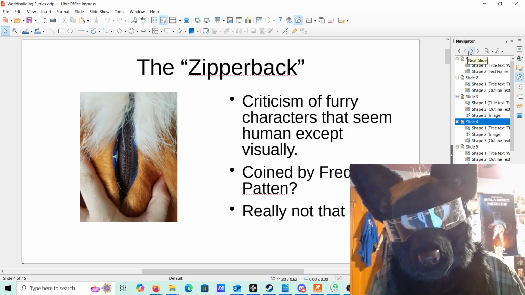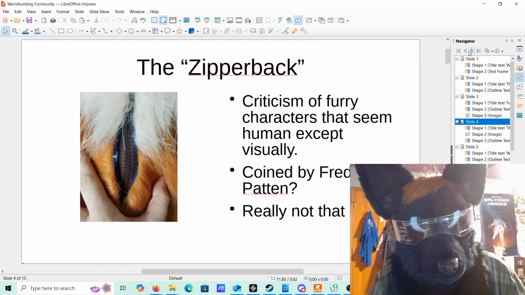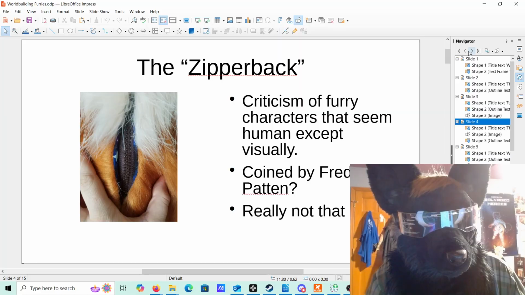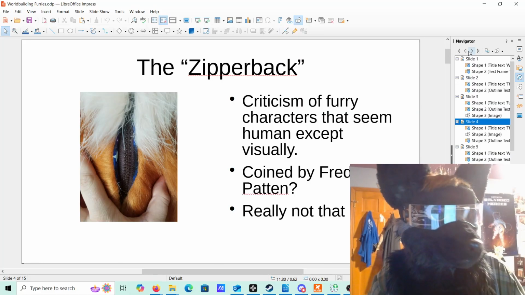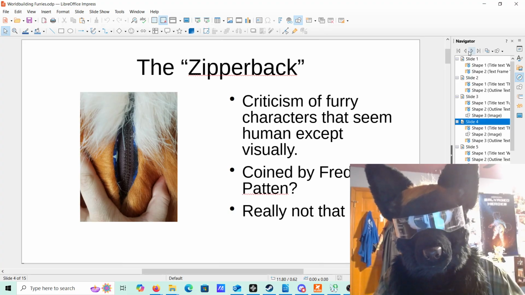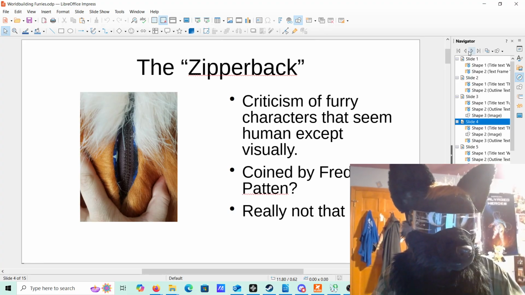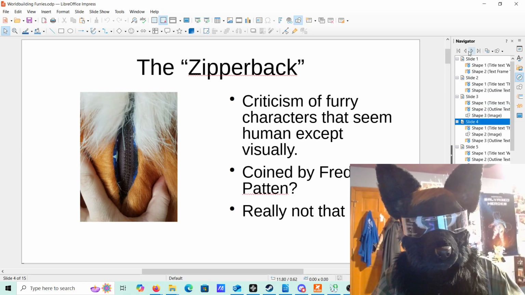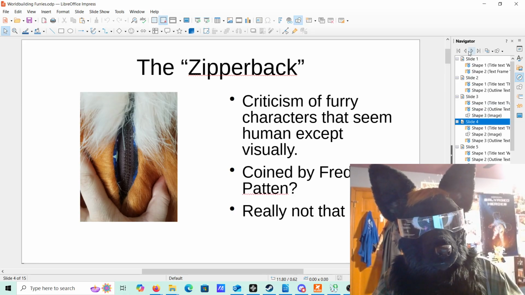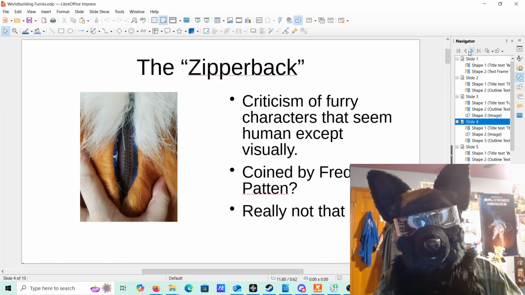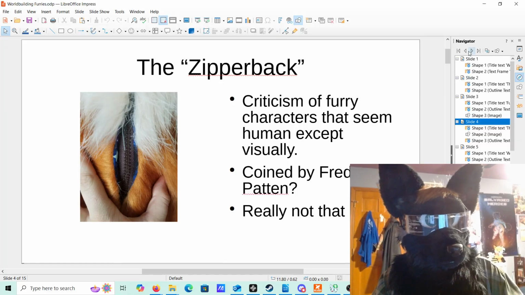Now, I'm going to address the concept of the zipper back. It's a controversial classification of furries who seem to be human except visually.